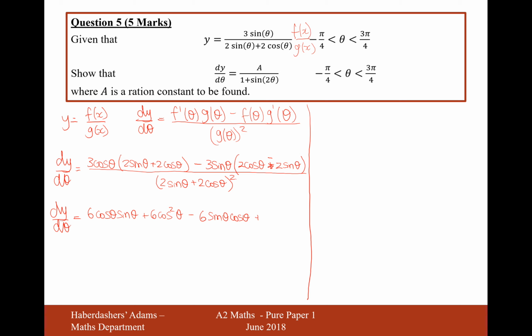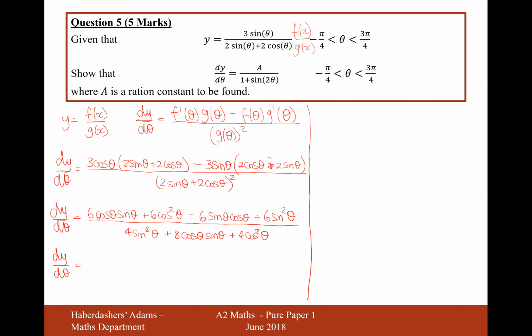And the last part, double negative, will make it plus 6 sine squared theta. And we're also going to expand the brackets on the bottom. It's going to become 4 sine squared theta plus 8 cos theta sine theta, and then plus 4 cos squared theta.